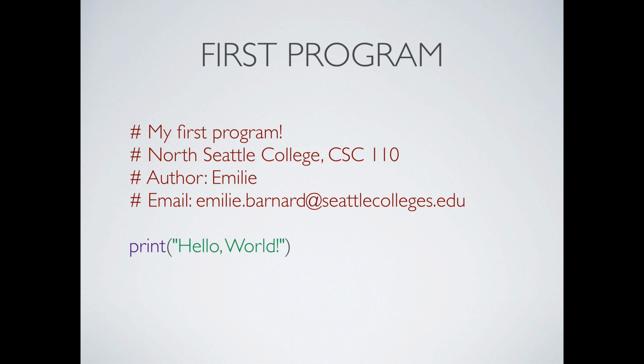So if we go back to this first program that we wrote, we have a couple lines of comments, this print hello world, which we saw displayed the message hello world on the shell for us. This text in green right here, this hello world that's surrounded by quotes, this is what we call a string. So a string is going to be the first type that we talk about in this course.